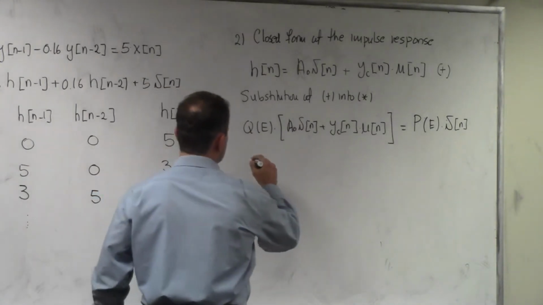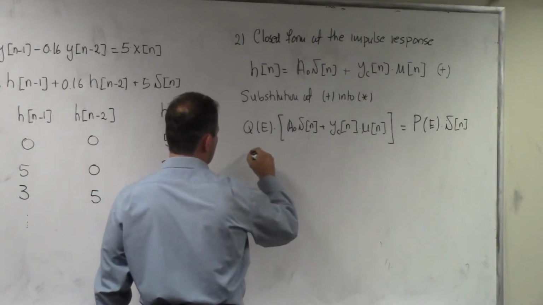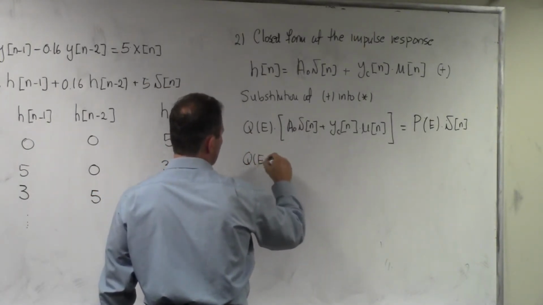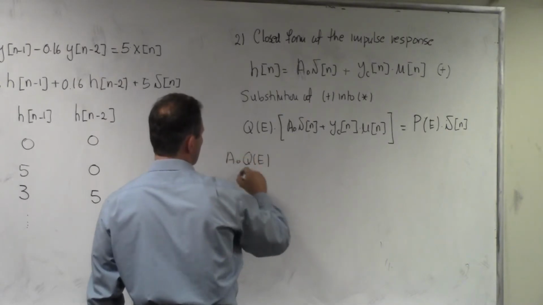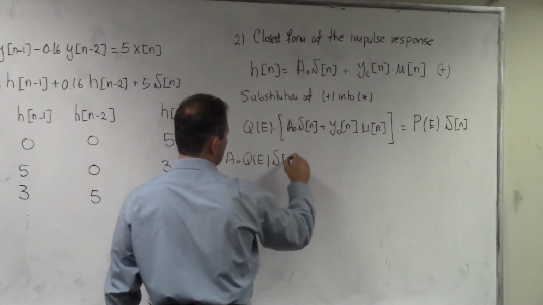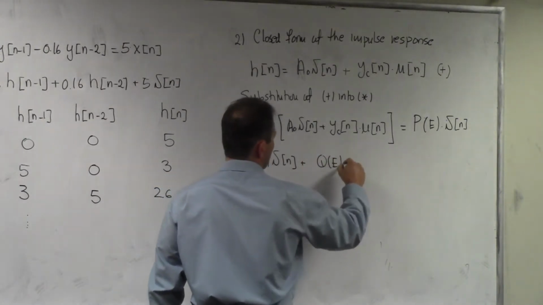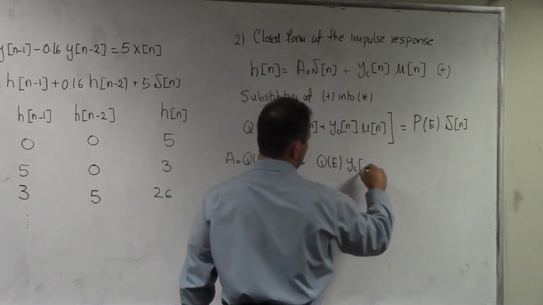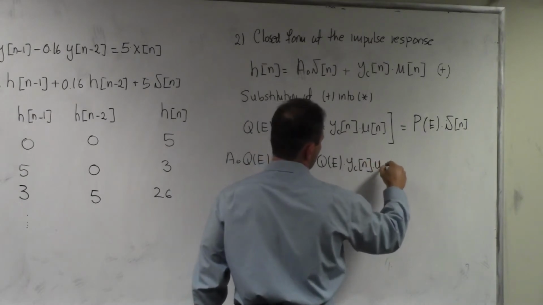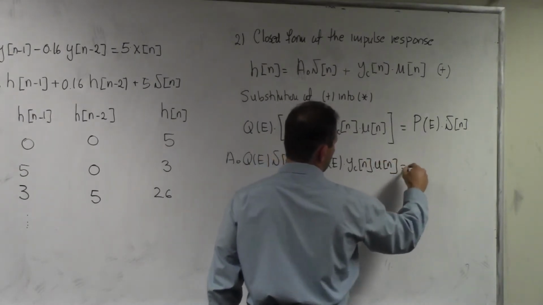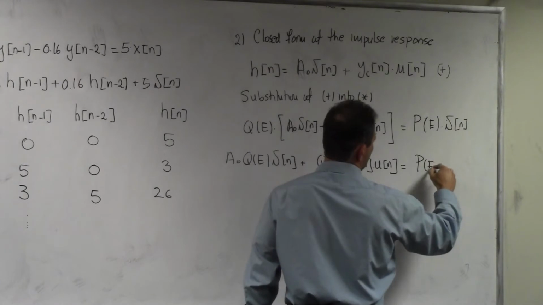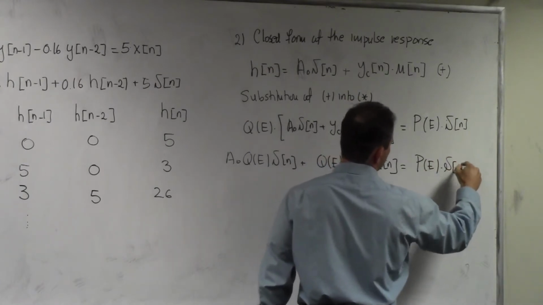But expanding on this, let's first look at Q of E, and I can take this A0 here, apply to delta of n, plus Q of E applied to yc of n times u of n, has to be equal to P of E applied to delta of n.